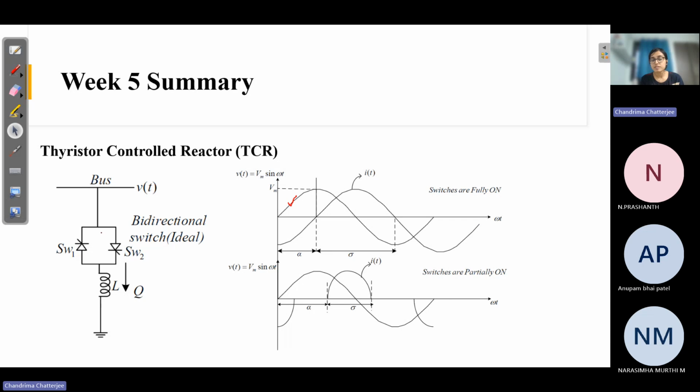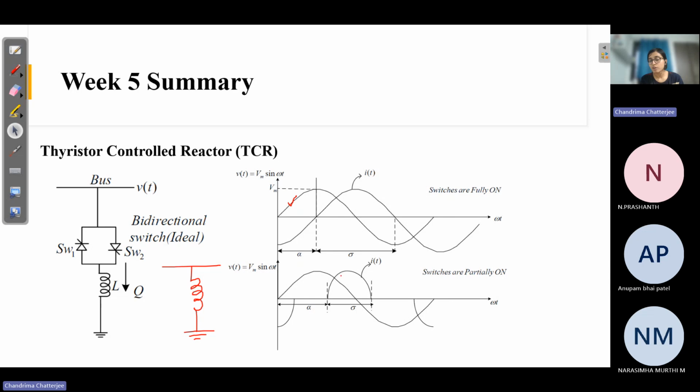Now, if these thyristors are not there, there is just this voltage and there is an inductor. You know, this is basic electrical engineering, that the current will lag the voltage by 90 degrees because this is a pure inductor. Now, when these devices appear, you can turn them on in a way so that they will not conduct throughout the time period.